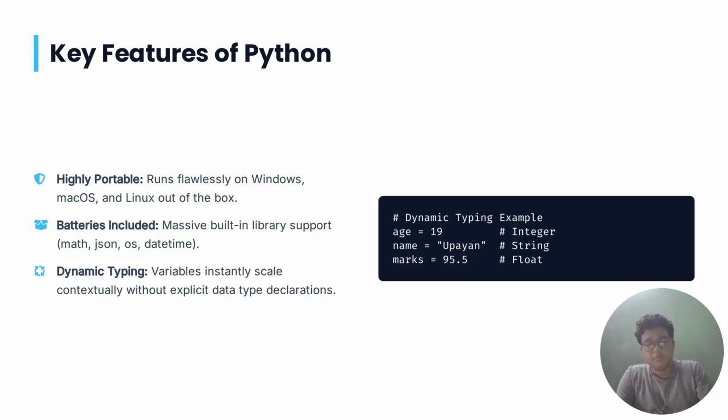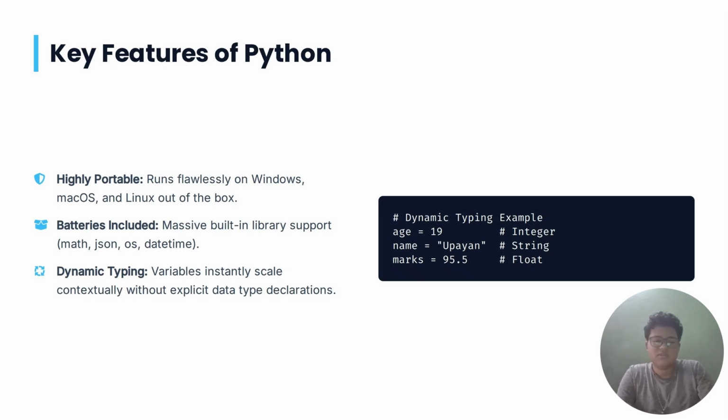The best part of Python, a massive built-in library. We just call in the library and use the library functions there, and 50% of our tasks are done, and we don't have to write any code for that. A single line of code can do a lot of work using the built-in libraries.